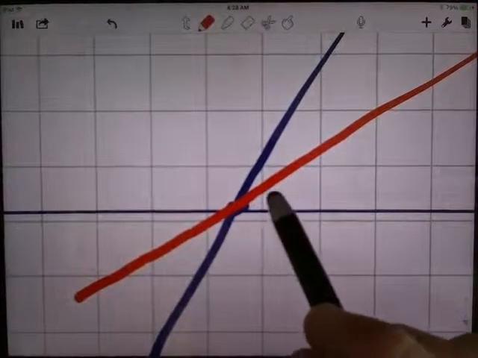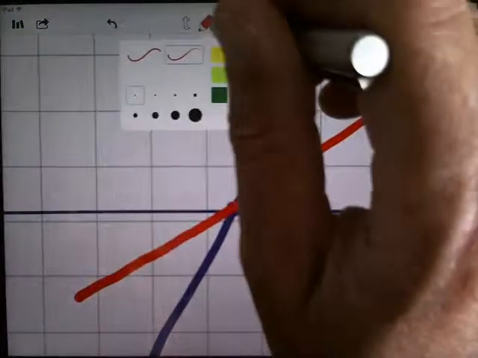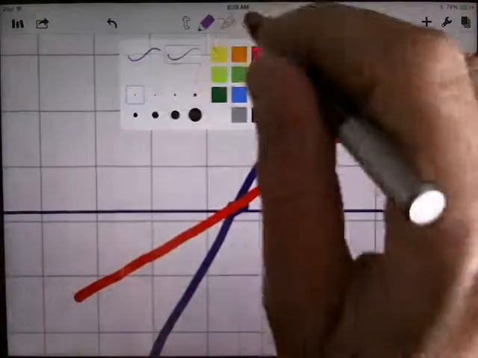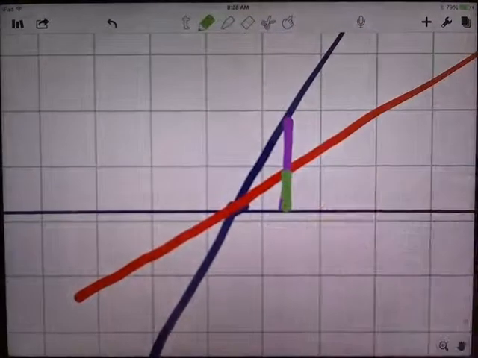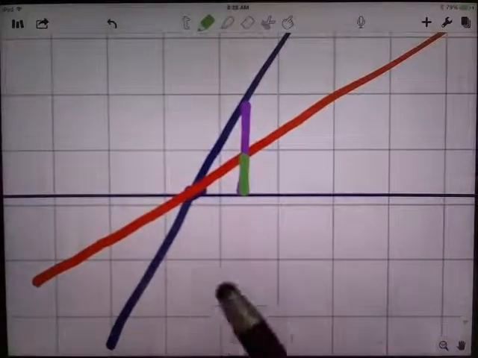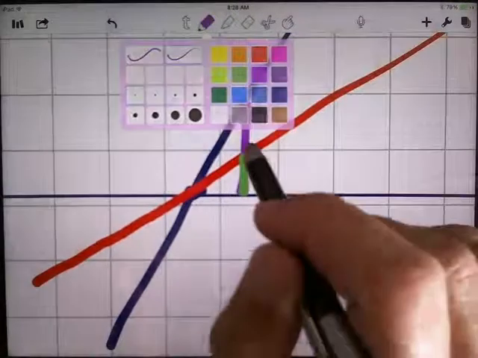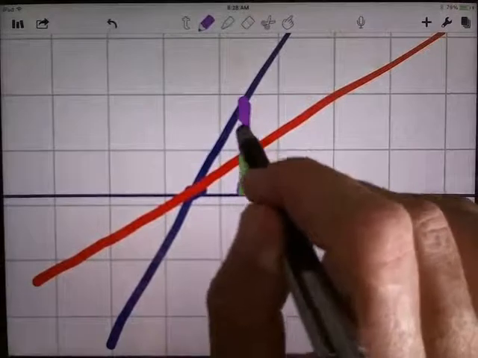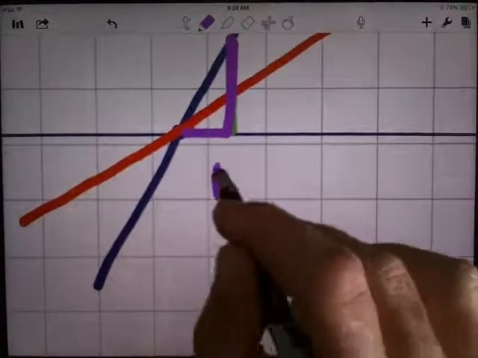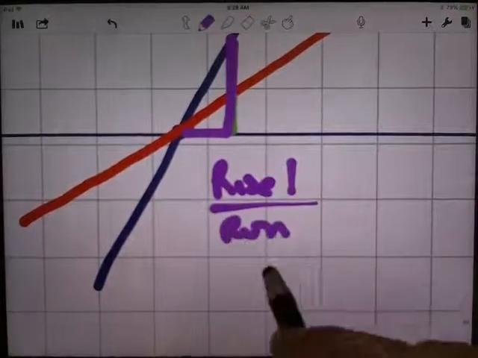Okay, so when I'm looking at the ratio of this y value divided by this y value, then I claim what I can do is look at the ratio of the slopes. So for instance, if I look at this slope here on the blue line, rise divided by run, I'm going to call it rise 1 divided by the run.